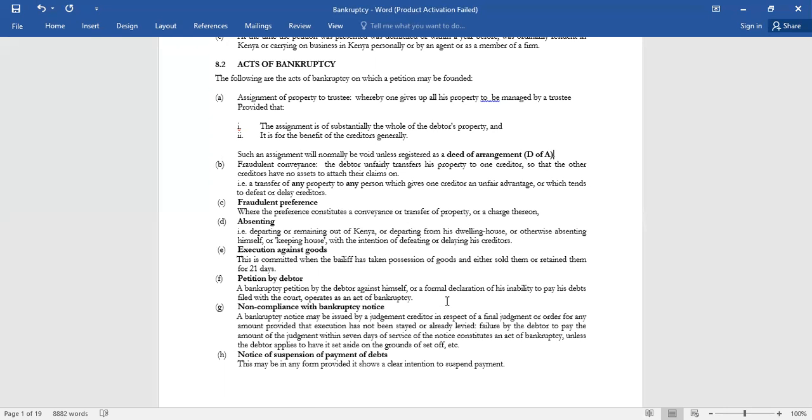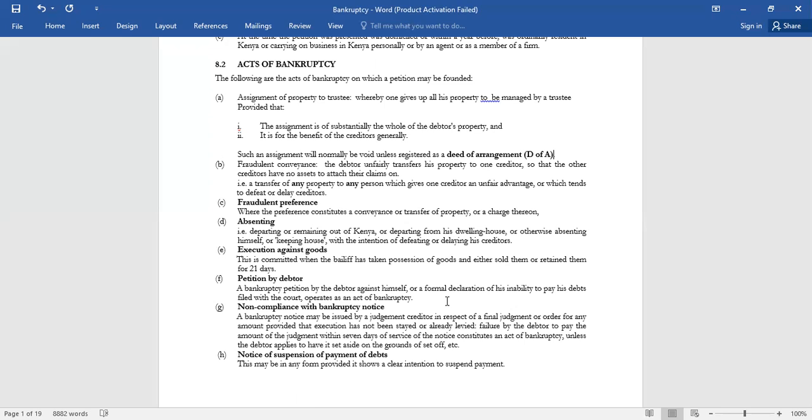But if the debtor applies to have it set aside on the grounds of set-off, if we agree that we are going to organize a payment arrangement, irrespective of how much I will be paying you until I clear you, that will not be an act of bankruptcy. But if I'm unable to come up with a payment agreement with the creditor, then that will be an act of bankruptcy.